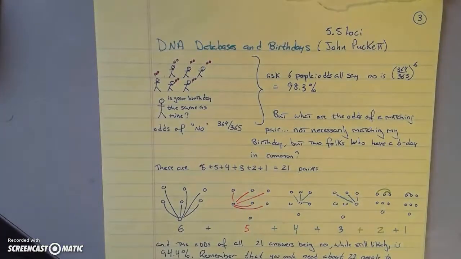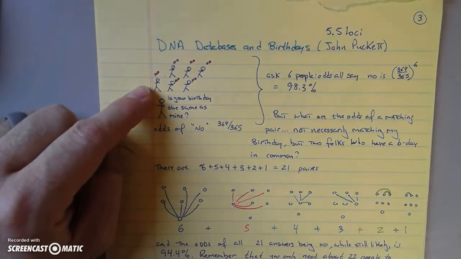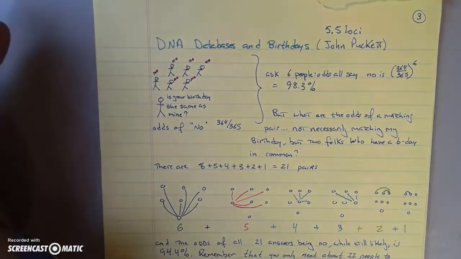And this is pretty tricky because we're talking about two probabilities and also our personal experiences. If I ask a bunch of people, is your birthday my birthday? And they say no, I'm not shocked. If somebody says yes, I feel kind of special. I'm like, no kidding, that's amazing.